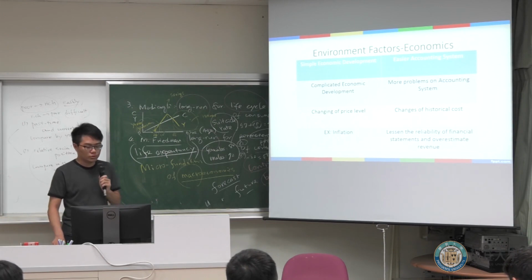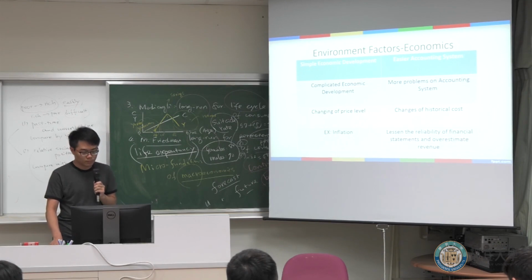And now I will introduce what environmental factors affect the accounting system. And the first one is economics. With complicated economic development, it will produce more problems in the accounting system.